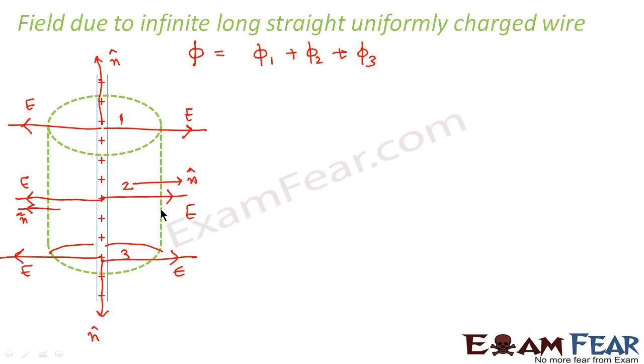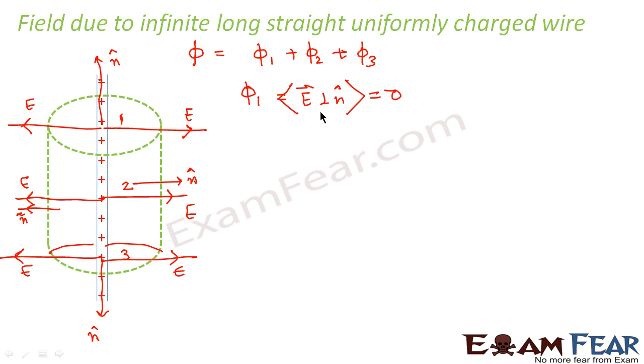Right? So if we look at surface 1, that is for phi 1, the electric field E is perpendicular to n cap. And I told you before that if electric field is normal to the area vector, then the flux is equal to 0.